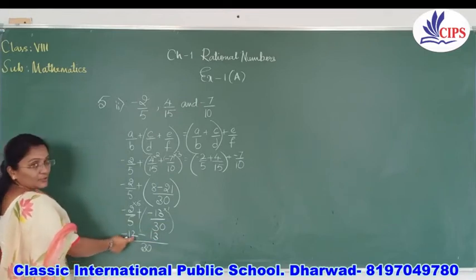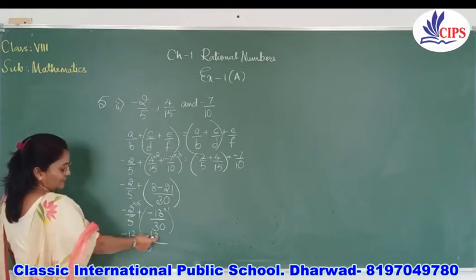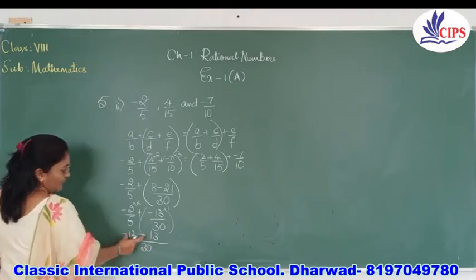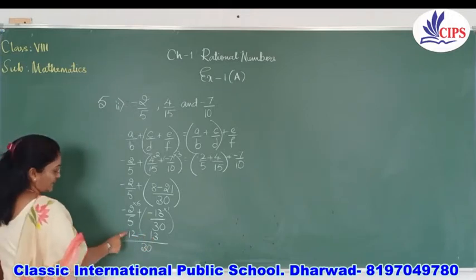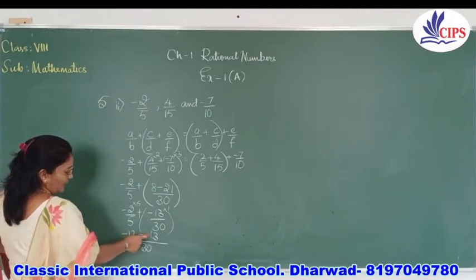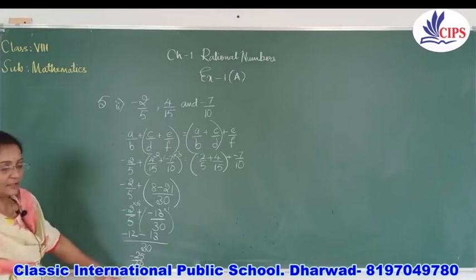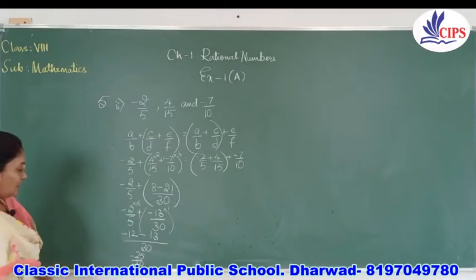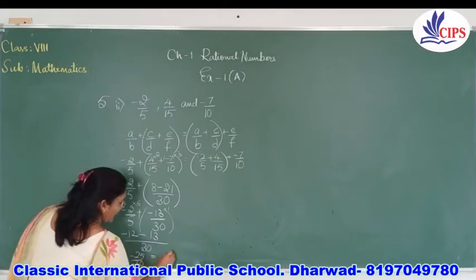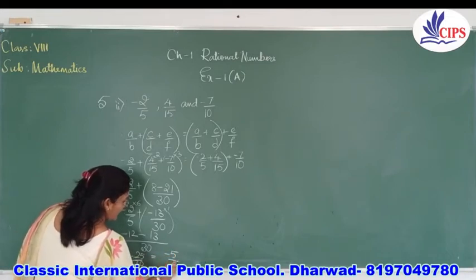Here 12 has a minus sign and 13 also has a minus sign. We'll add these numbers because they have the same sign. That is minus 12 minus 13 becomes minus 25 by 30. Can we simplify that? Yes, it's divisible by 5. So I'll write the final answer as minus 5 by 6.